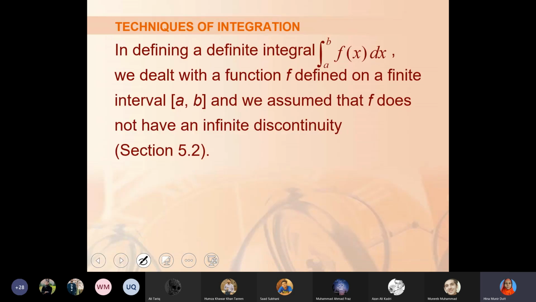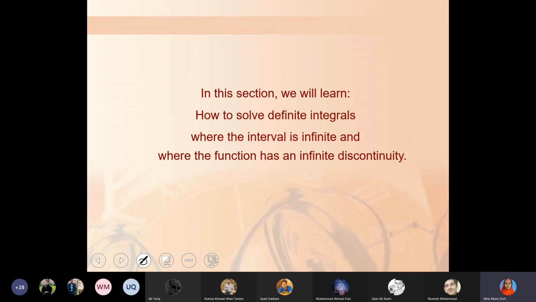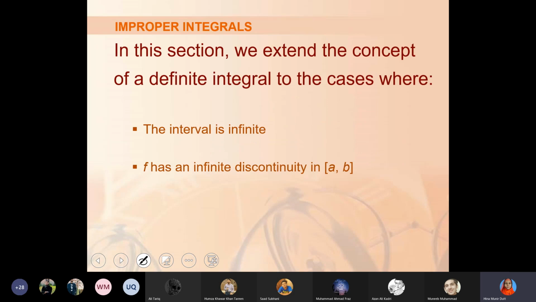Right? So in this section, we will learn how to solve definite integrals where the interval is infinite and where the function has an infinite discontinuity. So you will learn two types of integral over here. The first is when the interval is infinite. And the second one is f has an infinite discontinuity in the interval AB.